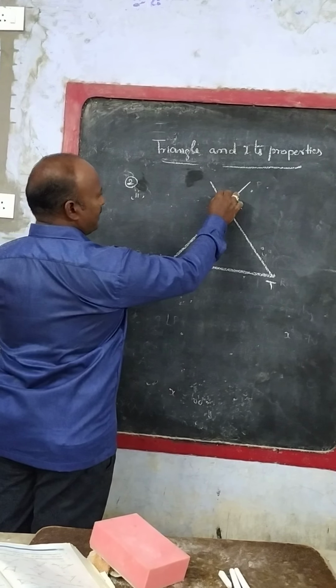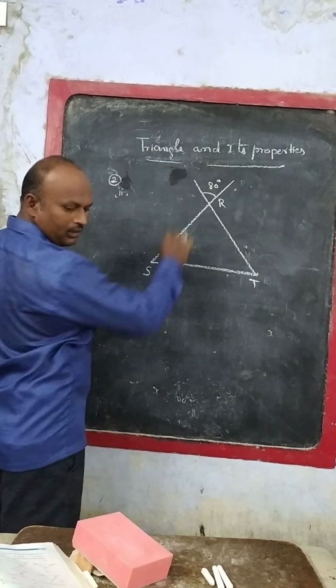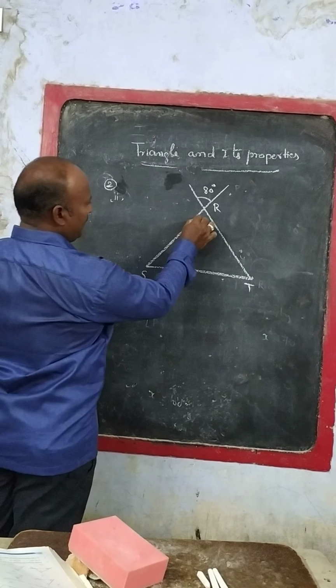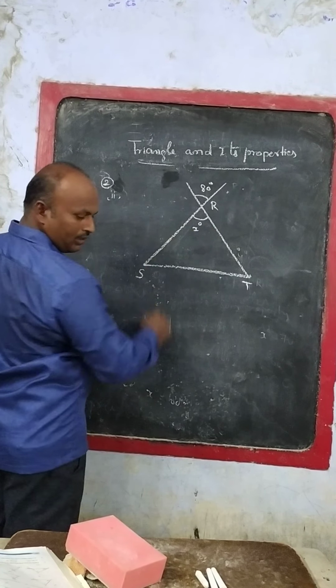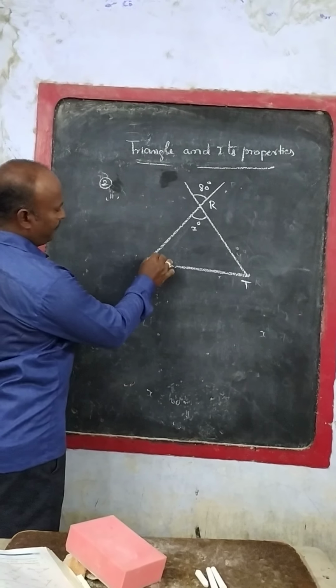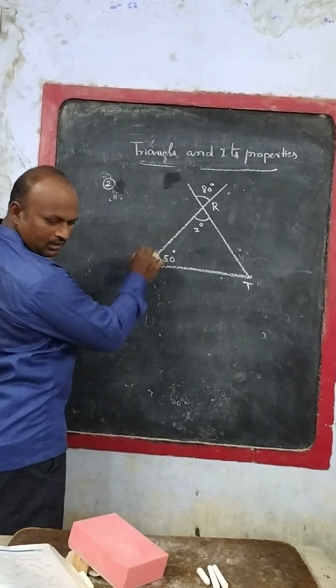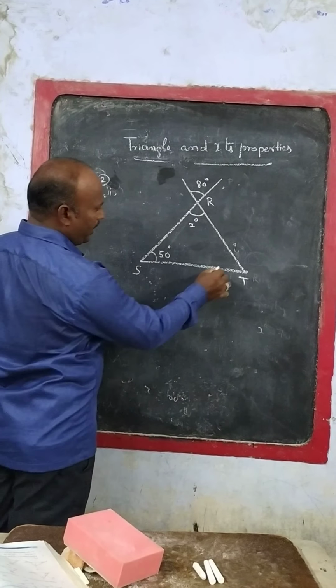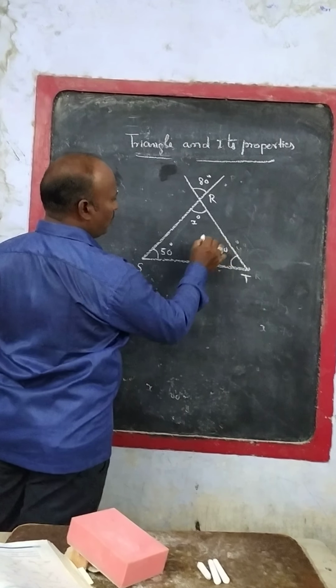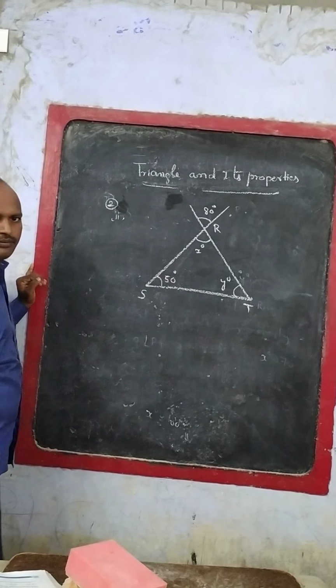Here the angle is 80 degrees. Next here the angle is x degrees. Angle S is given, that is 50 degrees. Angle T is not given, this is y degrees. So we have to find x and y degrees.